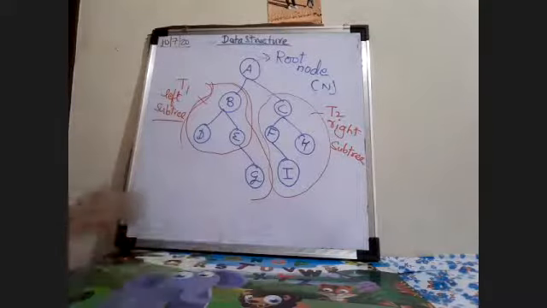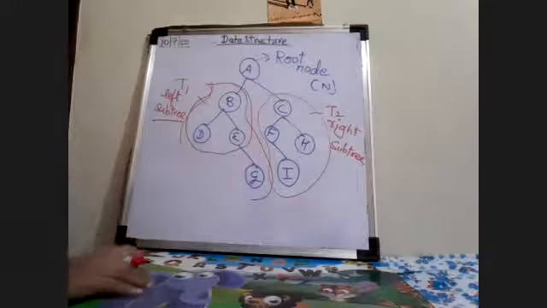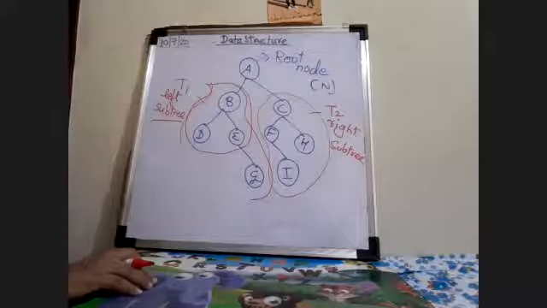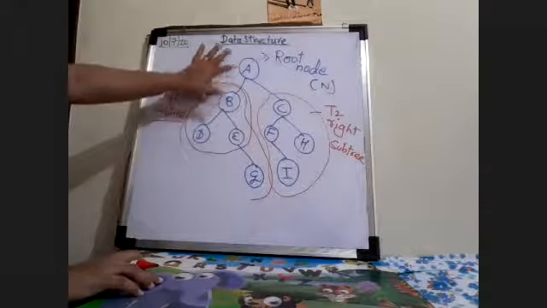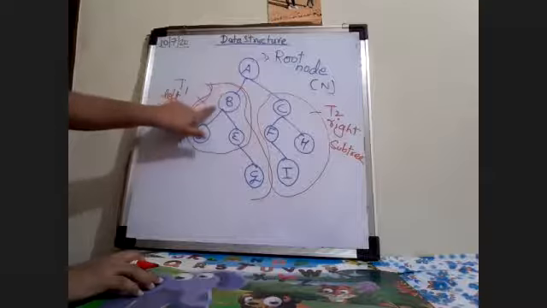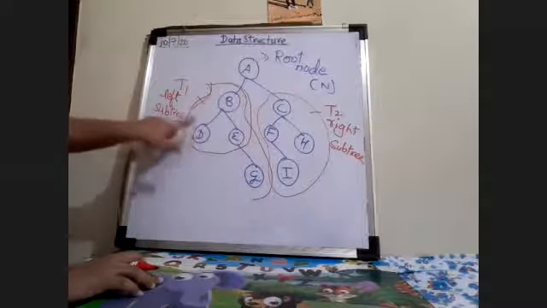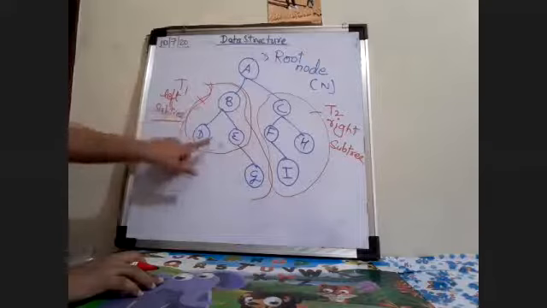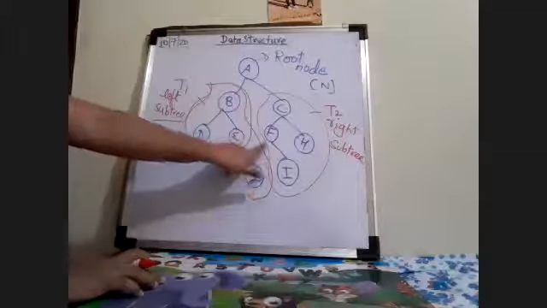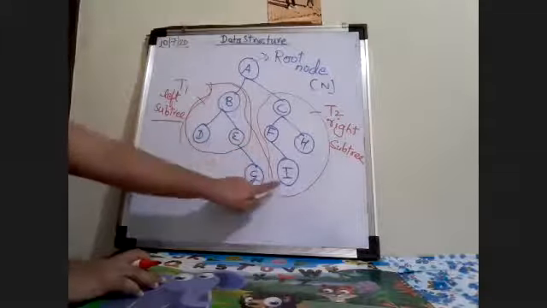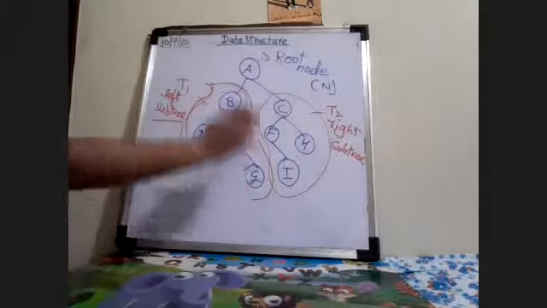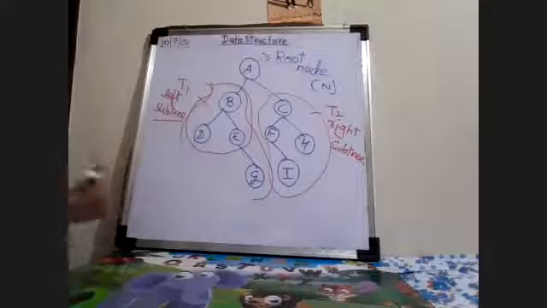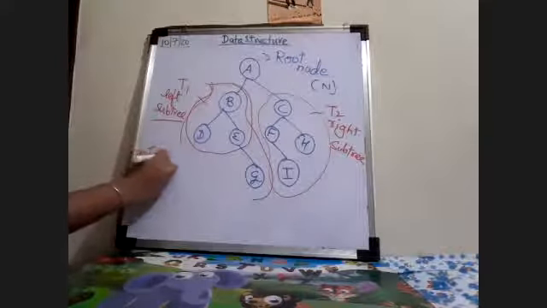And if it does not contain any successor, neither left nor right, that means the parent node is not having any child node. For example, A is the parent of nodes B and C. B is the parent of nodes D and E. F is the parent of node only I. It does not have a left successor. So the nodes which don't have any successor are known as terminal nodes.